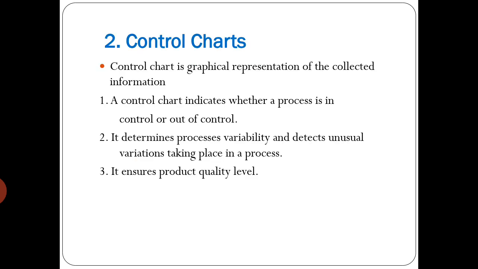Next, the second topic to be discussed today is control charts. A control chart is a graphical representation of the collected information, and it indicates whether a process is in control or out of control. It determines process variability and detects unusual variations taking place in a process. It ensures product quality level.